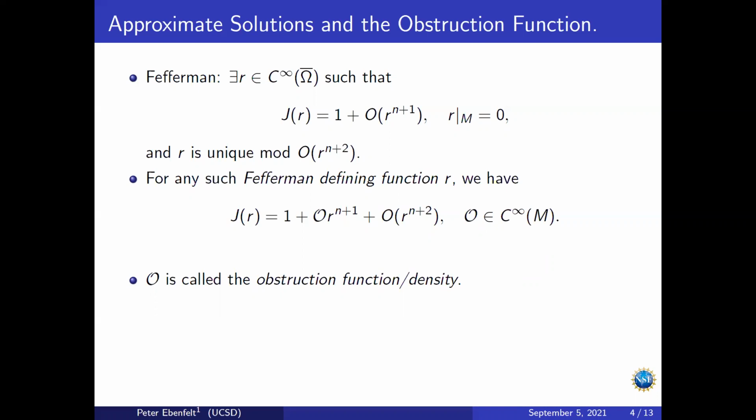There are coefficients here, eta k, and then there's a rho to the power n plus 1, and then there's a log rho. The eta k and theta k are smooth functions up to the boundary.